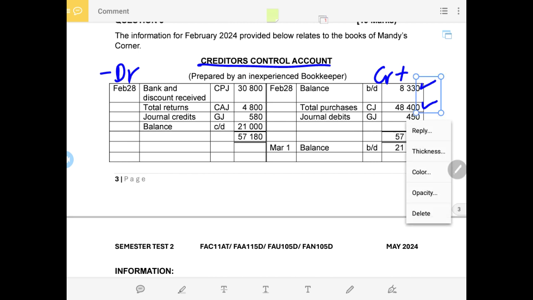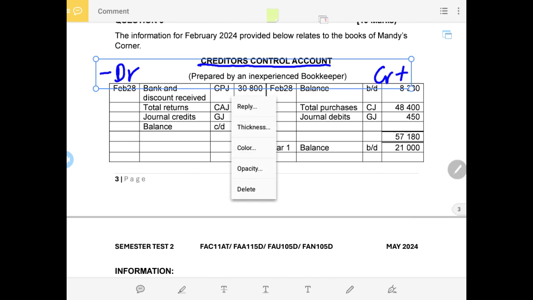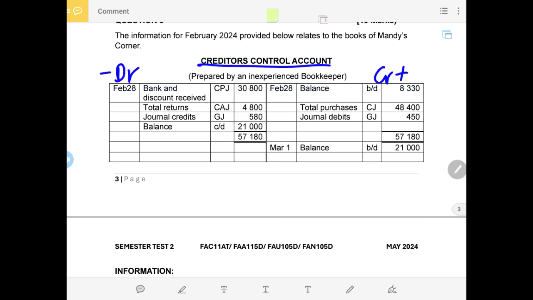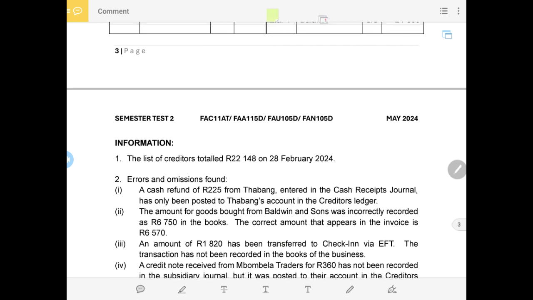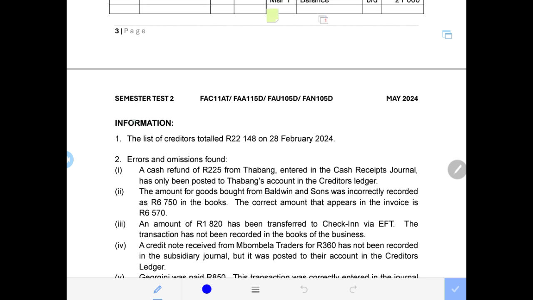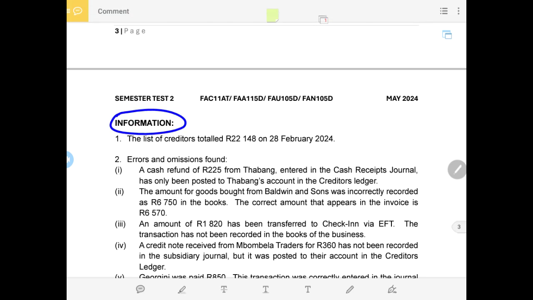So we are correcting this inexperienced bookkeeper, though we are only in our second year. Then after all is sorted, we will first correct the existing ledger account before we look at the adjustments or the additional information provided at our disposal.